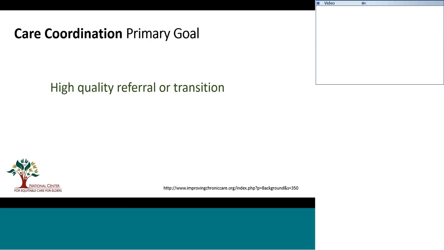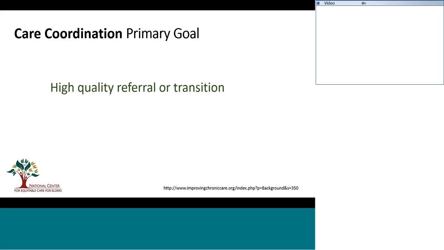Looking back to the AHRQ and the key elements they suggested, one of the things that comes out with respect to care coordination as a primary goal is a high-quality referral or transition. A referral occurs when a patient requires additional specialized care by a medical consultant or even a community agency.